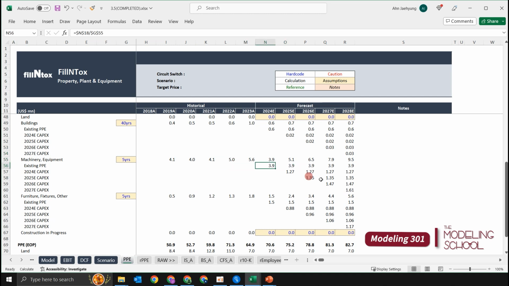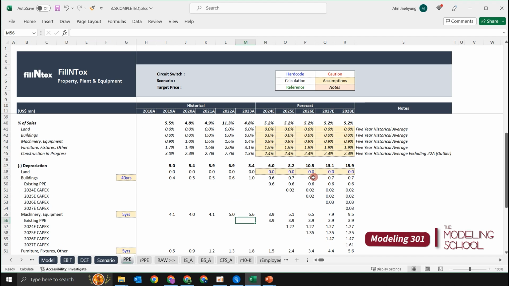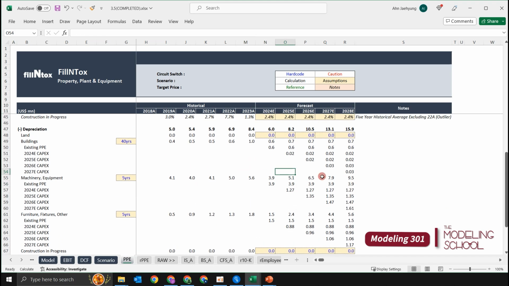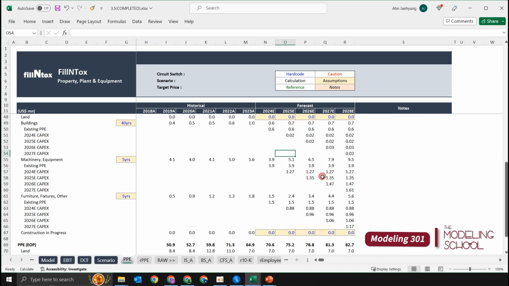So these amounts should be slowly declining according to our useful life estimates of 5 years. So how are we gonna reflect that in our existing model? That's the issue. So let's also reflect that into our working model.